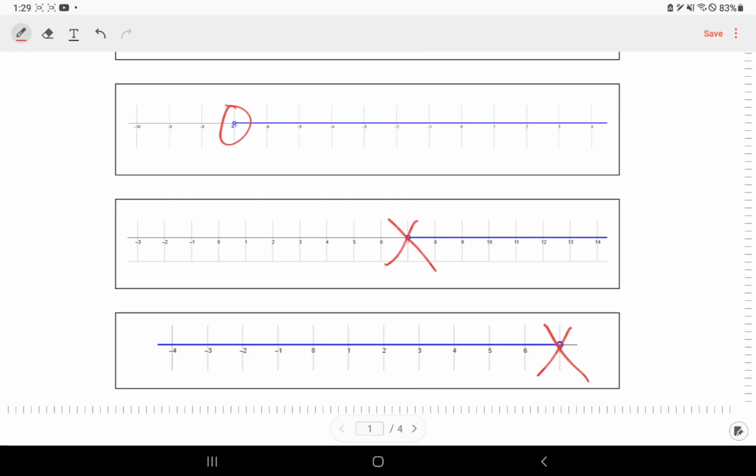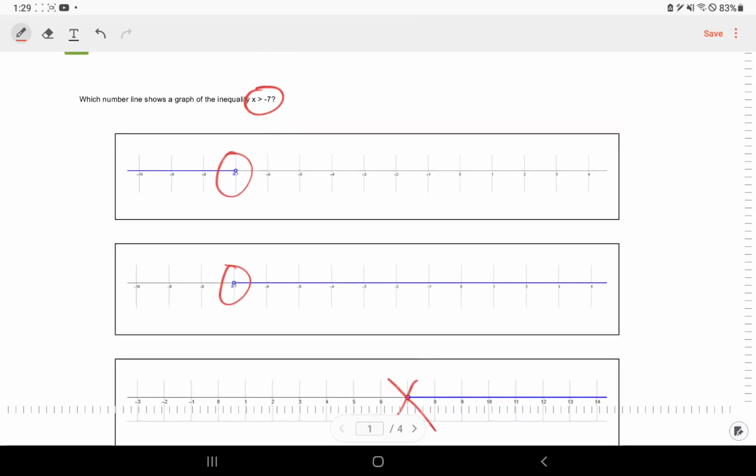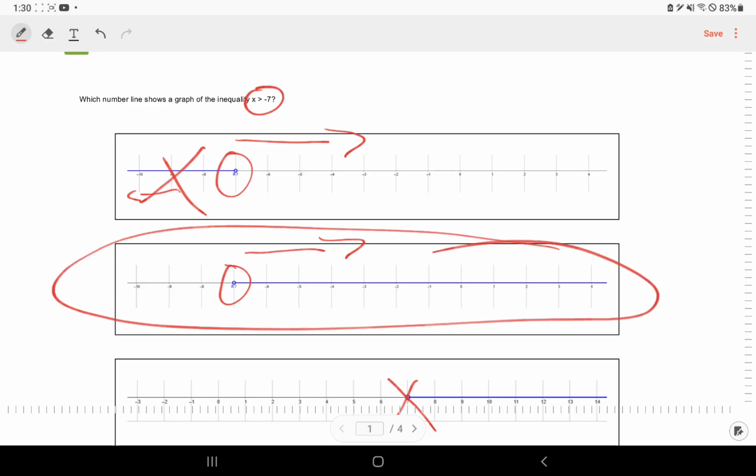So we can get rid of those two choices because they're both at +7. Now, greater than is to the right. Well, this one is left, so it has to be the second choice.